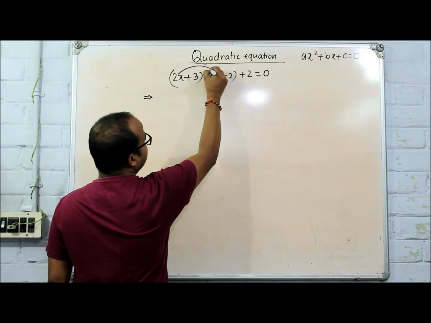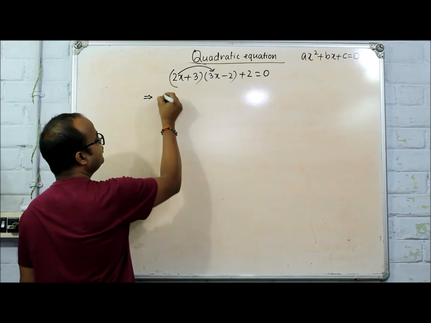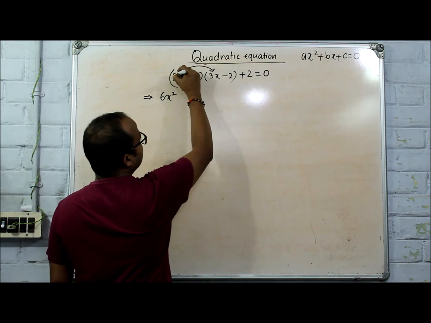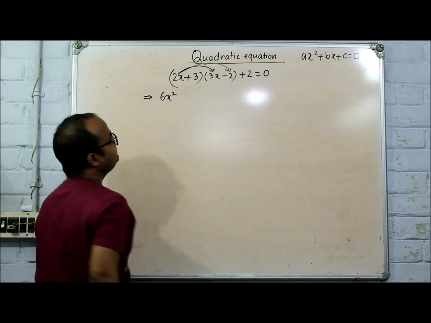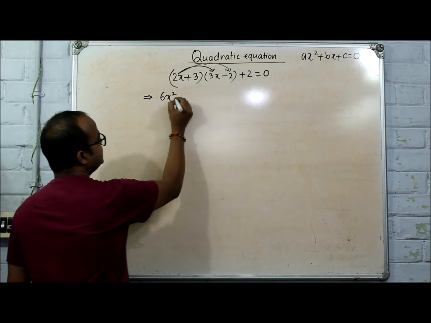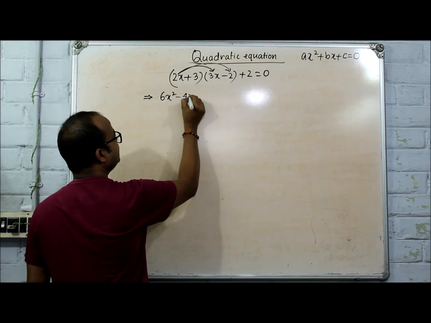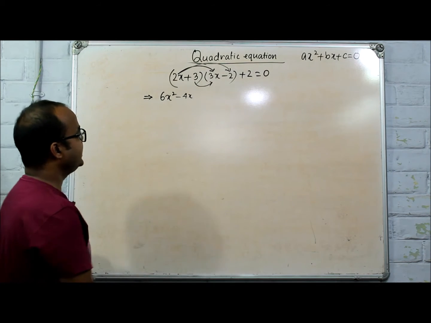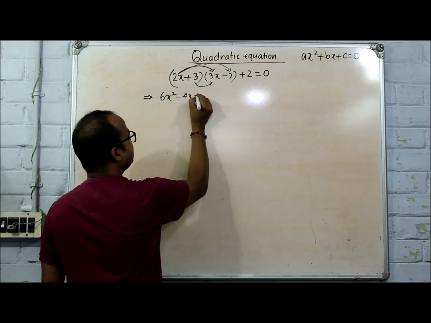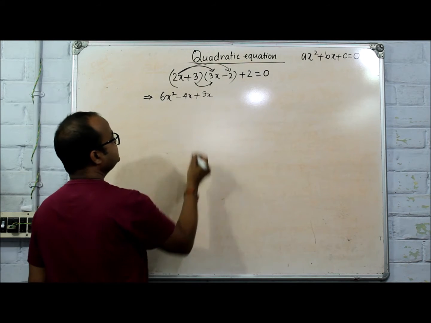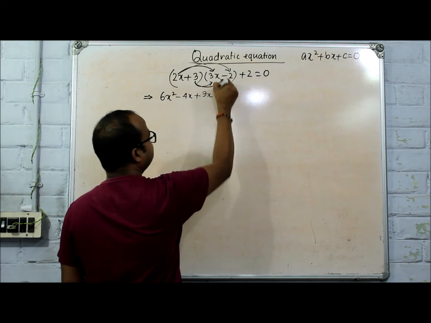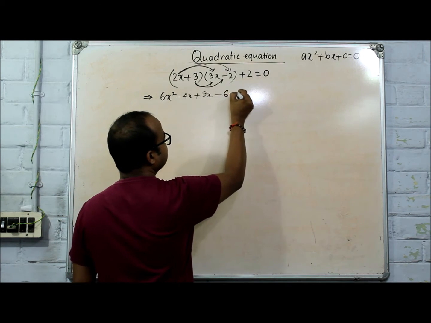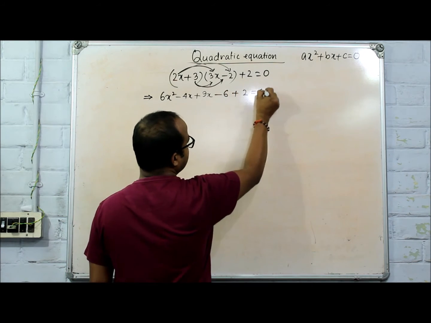So 2x multiplied by 3x is equal to 6x square. 2x multiplied by minus 2 is equal to minus 4x. 3 multiplied with 3x is equal to 9x. 3 multiplied with minus 2 is equal to minus 6 plus 2 is equal to 0.